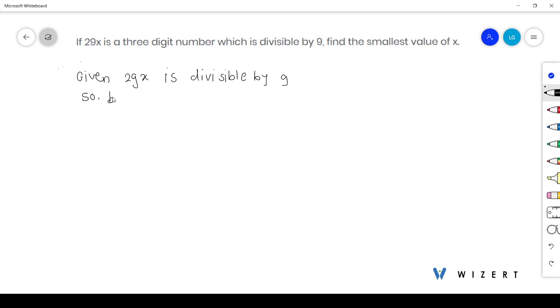So, by the divisibility test of 9, the sum of the digits, that is 2 plus 9 plus x, that is 11 plus x, is also divisible by 9.